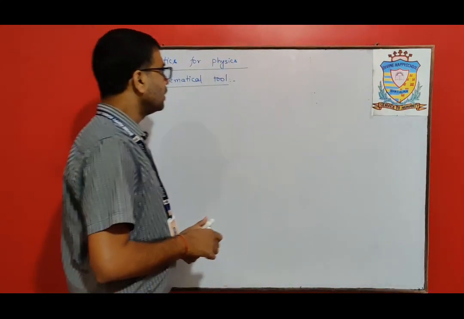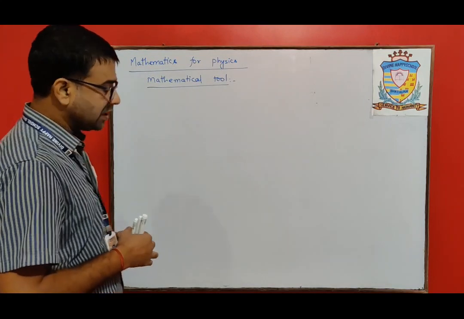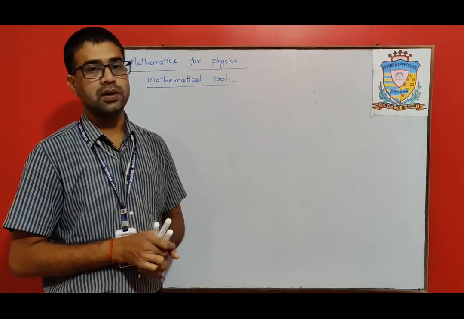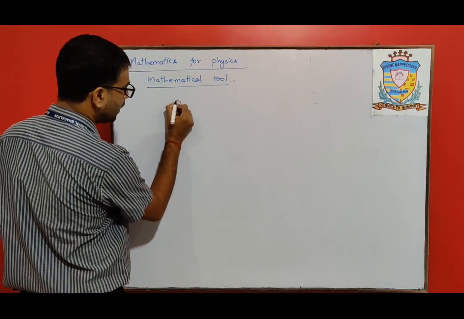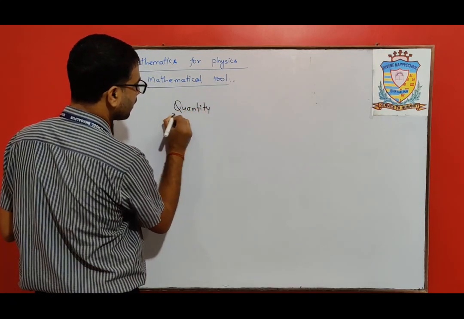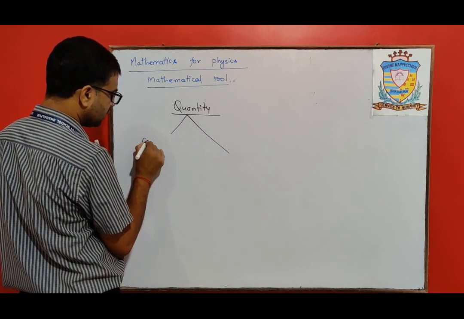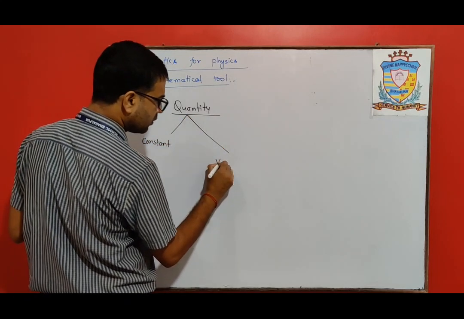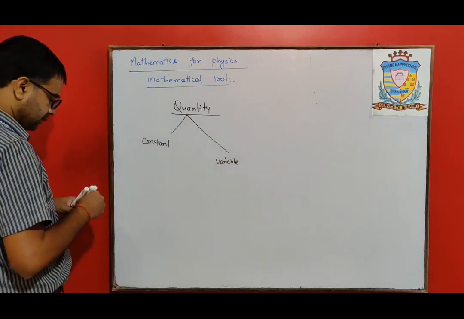Clear? So in mathematical tools, first we will study that any quantity is of two types. Either it is constant or variable.